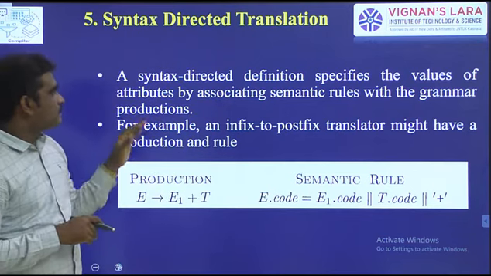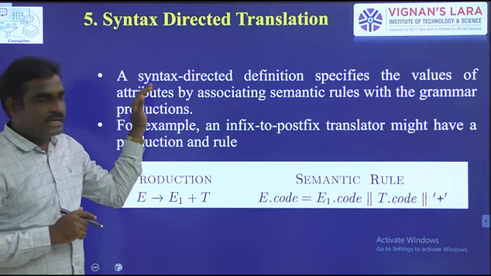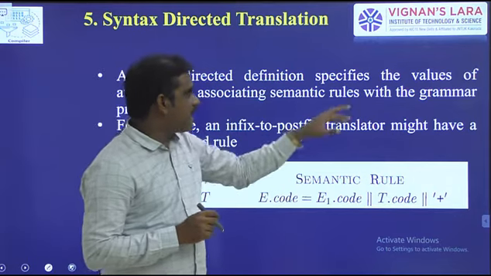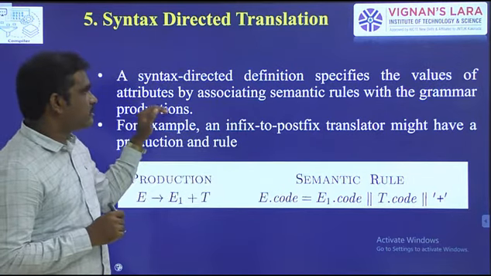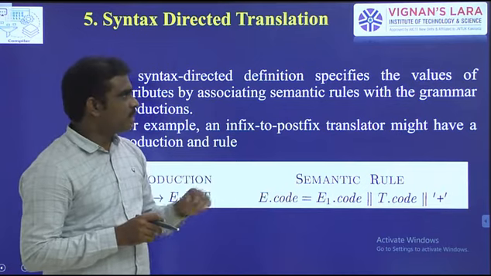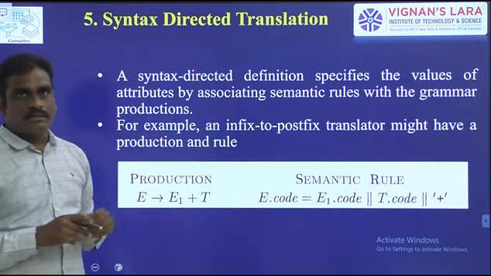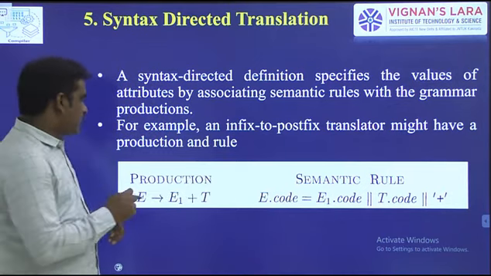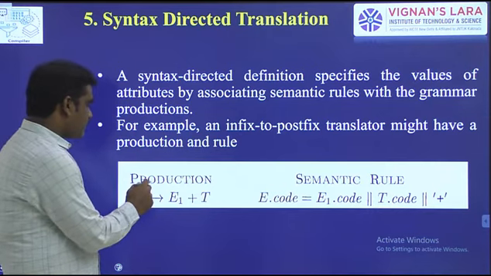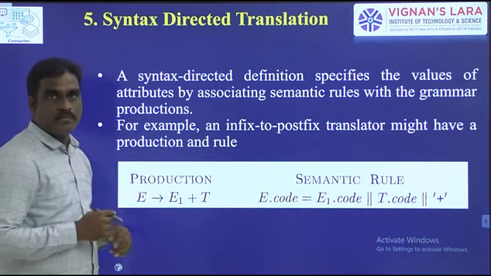Now, the first one: the syntax directed definition specifies the values of attributes by associating semantic rules with the grammar productions. That means the input is the grammar, that is the production.